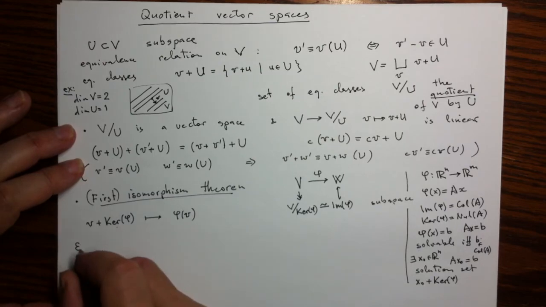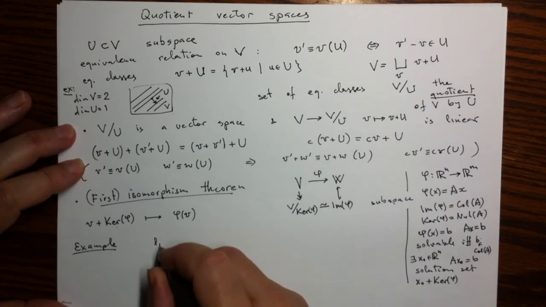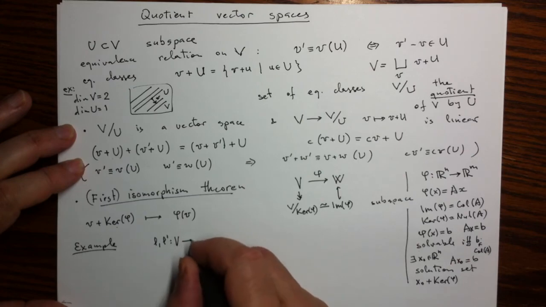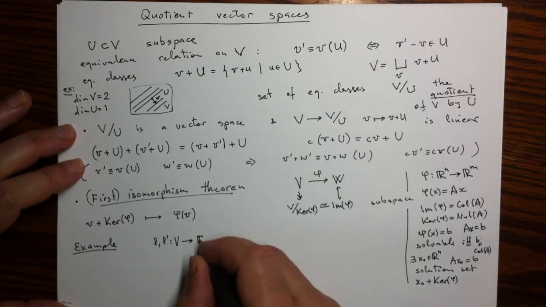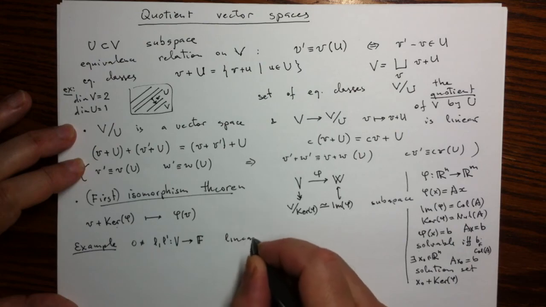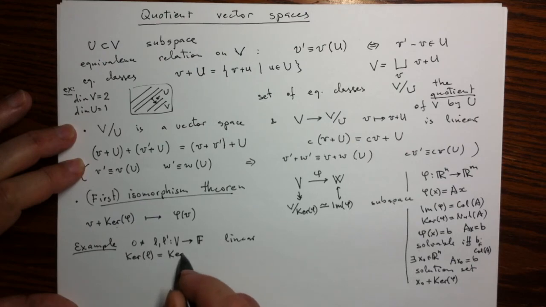So another example is also of a theoretical nature, but rather small in scale. Let's imagine two linear functions on the same vector space V. So the values are in the ground field F. Let's assume that both are non-zero, so they are linear, and then their kernels are the same as a subspace.